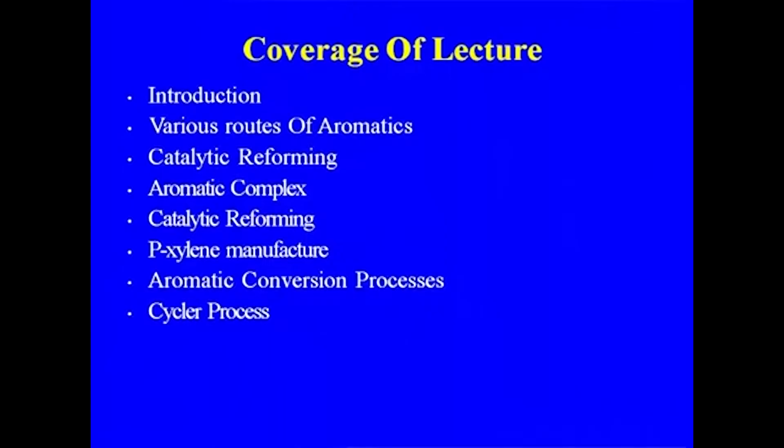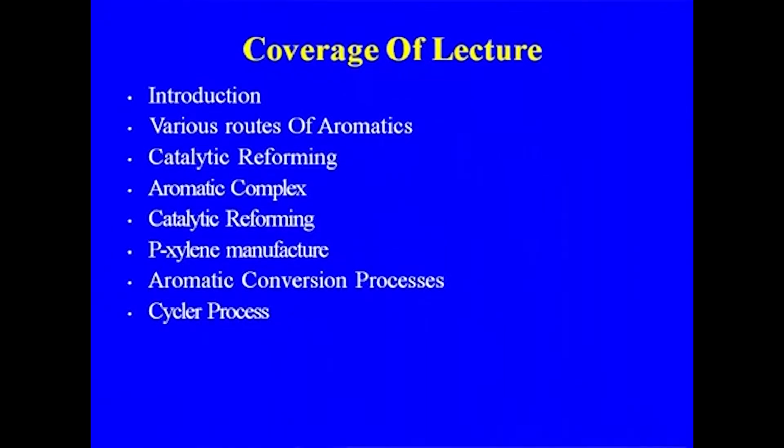So first the introduction about the aromatics, importance of the aromatics, various routes of aromatics, and catalytic reforming. Although the catalytic reforming part we have discussed in detail in petroleum refining, the process is the same, only here our catalytic reforming has more emphasis on aromatic production, not gasoline, and the development that has taken place in the process itself to get higher aromatics.